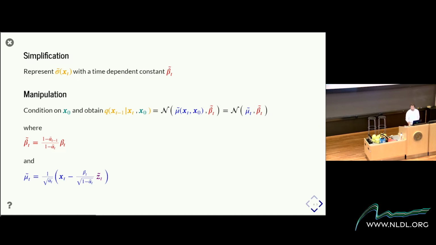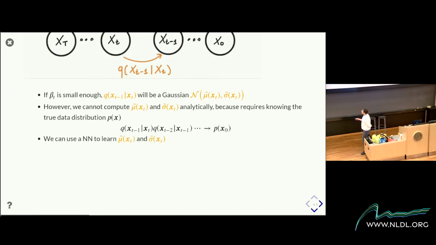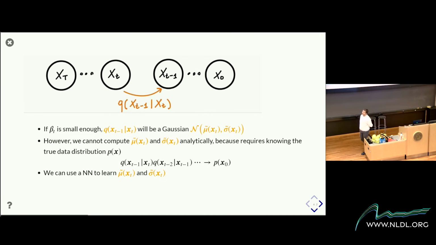People have also learned this, and it can work a bit better maybe, but it makes things more complicated. So for the sake of simplicity, we just say that this variance is predefined. The only thing we now need to learn with a neural network is the mean.